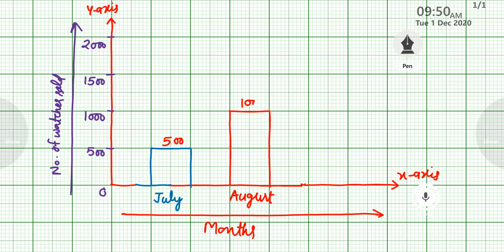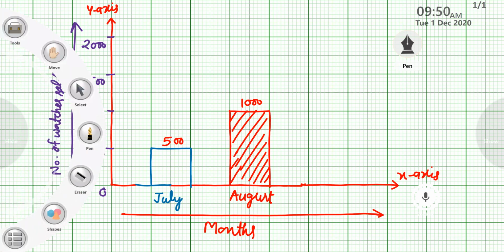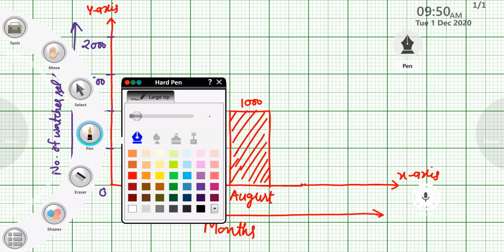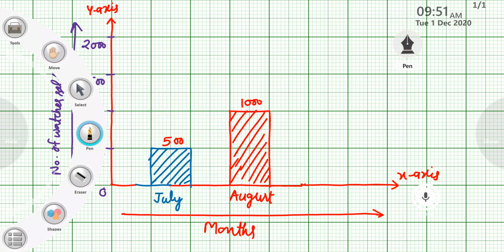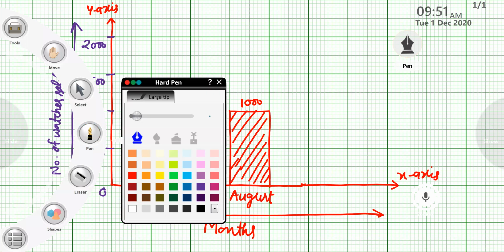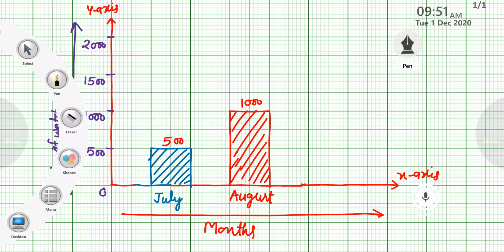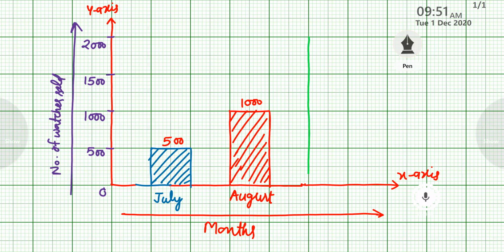This is 1,000. Next, in September month, shopkeeper is selling 2,000 watches.